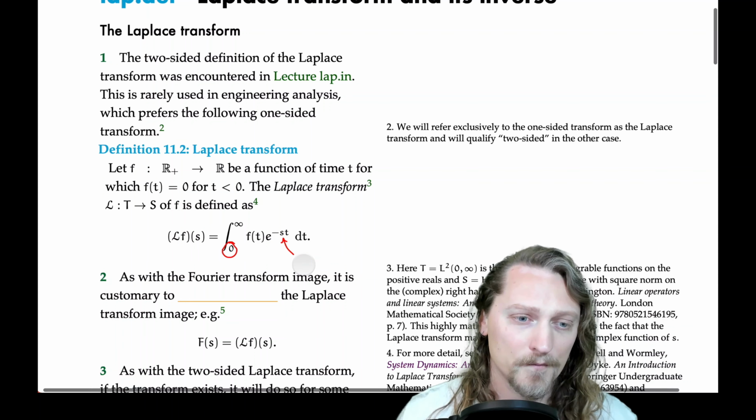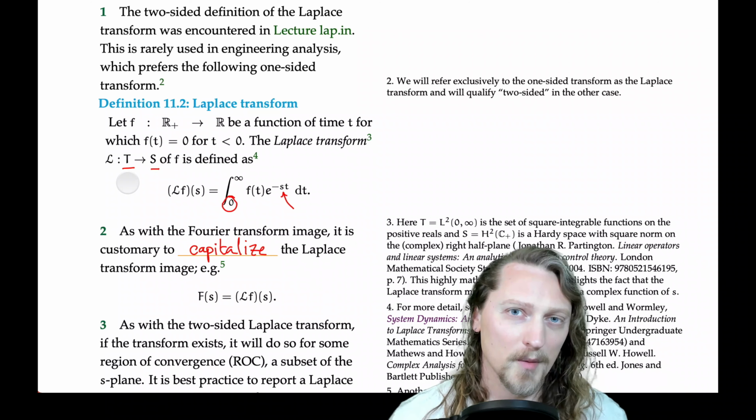So T and S, you can get more complicated with how you define those spaces, as we do in this footnote. But at the end of the day, they're two function spaces, okay? So the Laplace transform actually maps one function to another function. A bit of an unusual beast for us, and it's important to recognize that there's some terminology issues here, and we'll review a few of them in a moment.